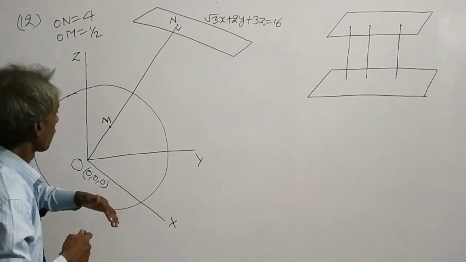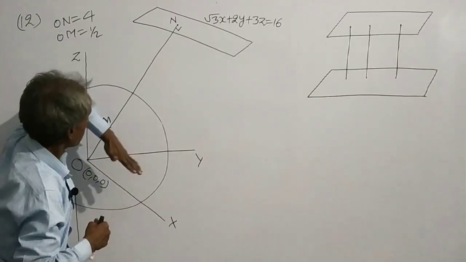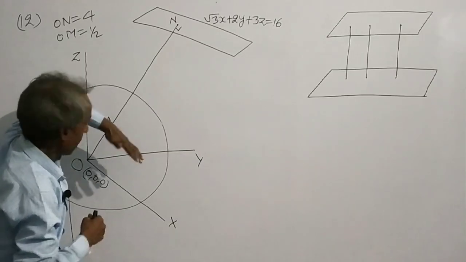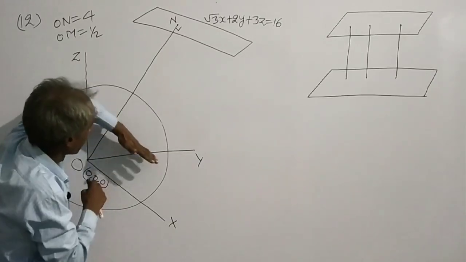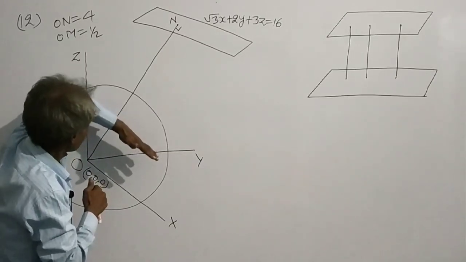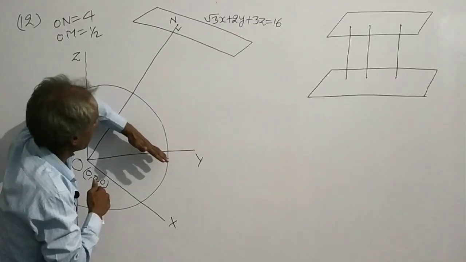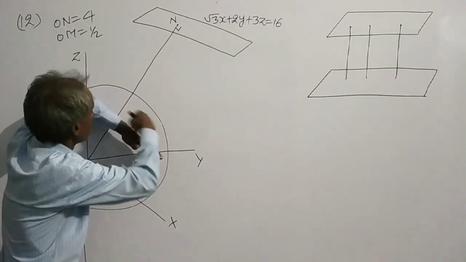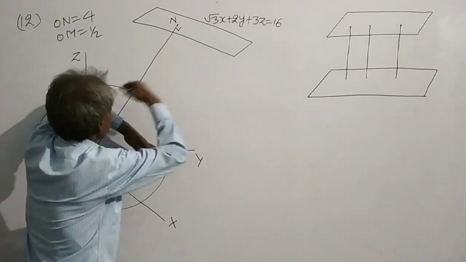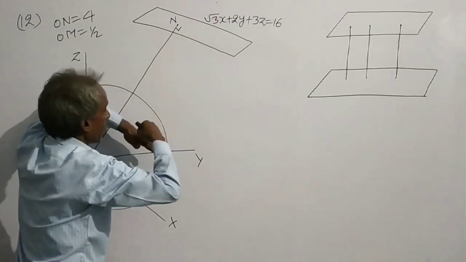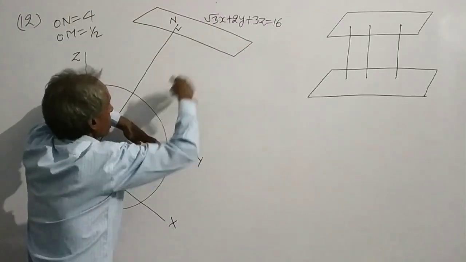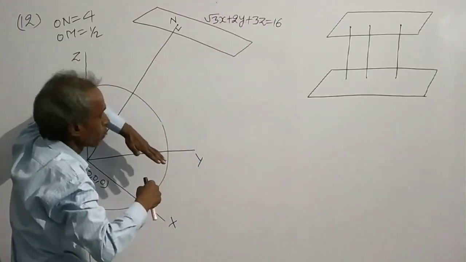If we draw a plane which is parallel to this plane and passing through this point M, then that plane will be like this. The distance between this plane and this plane will be equal everywhere, and that will be equal to 7 by 2 units.